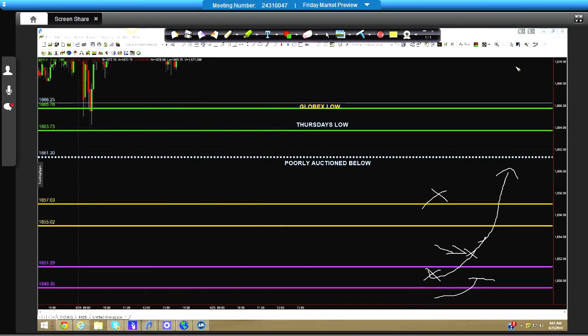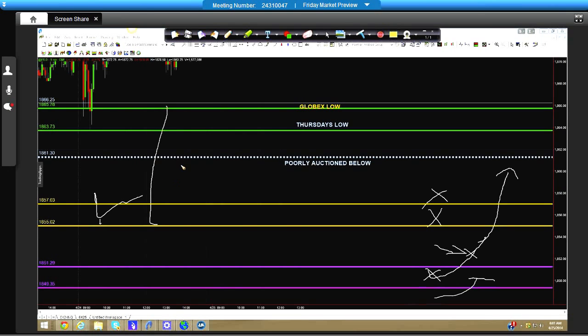I would also expect responsive buyers at 1857 to 1855 the first time in. Again, I don't know if it'll be from the front or from the back, but I do expect responsive buyers when I'm in there. However, if I do not get this responsive buying quickly, or if we open drive lower, we open at that 1865 and drive straight down hard into that 1855, 1857, I know that this area is poorly auctioned.